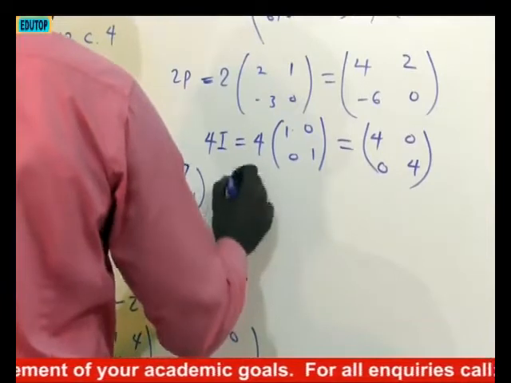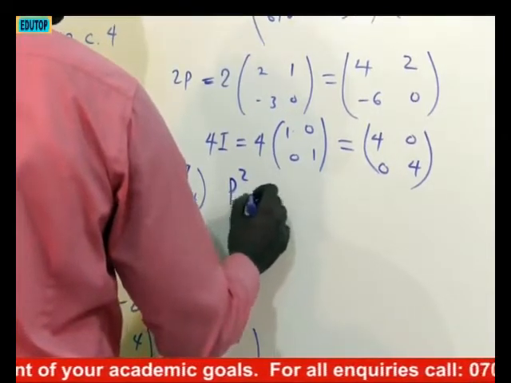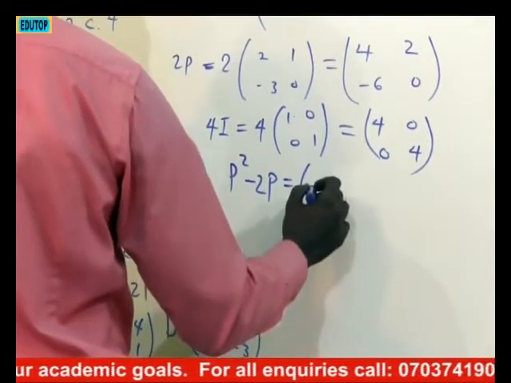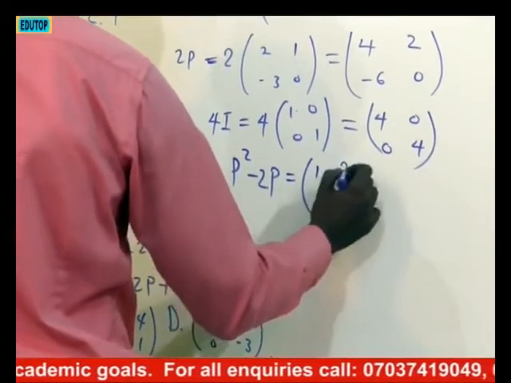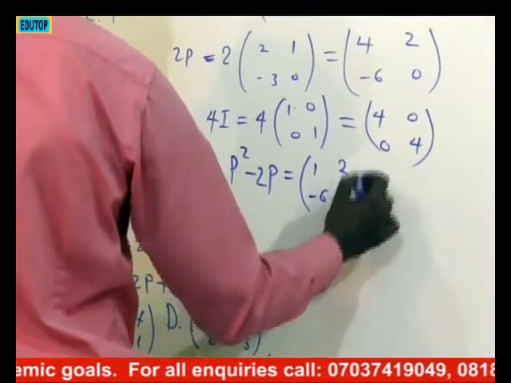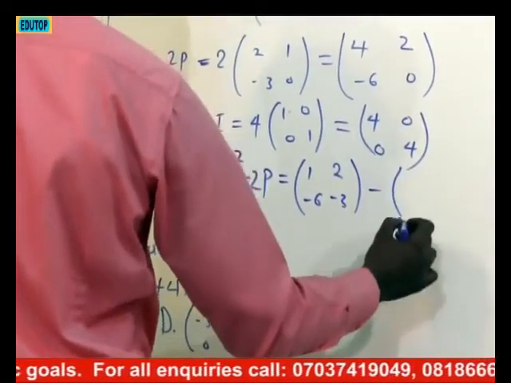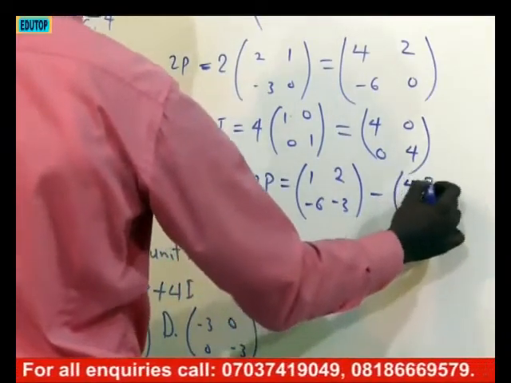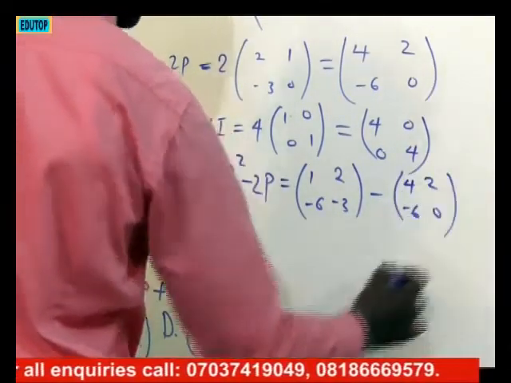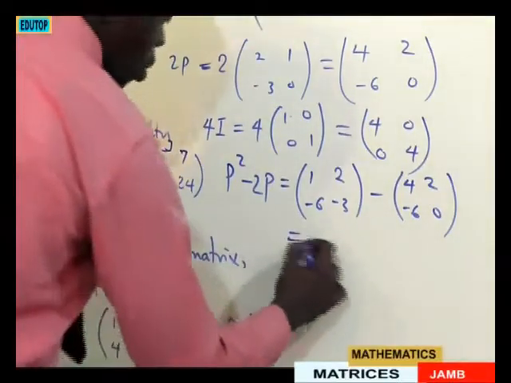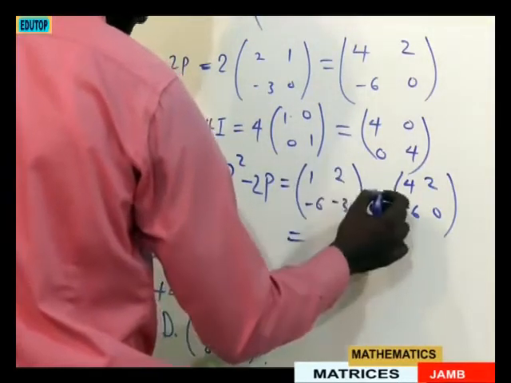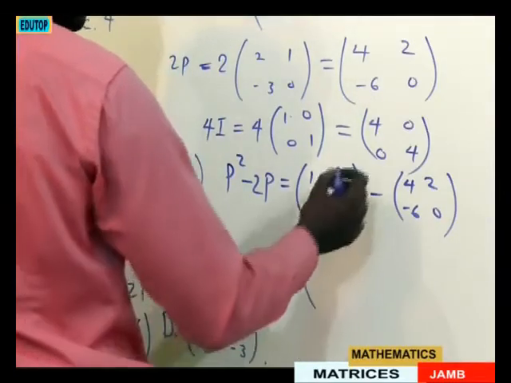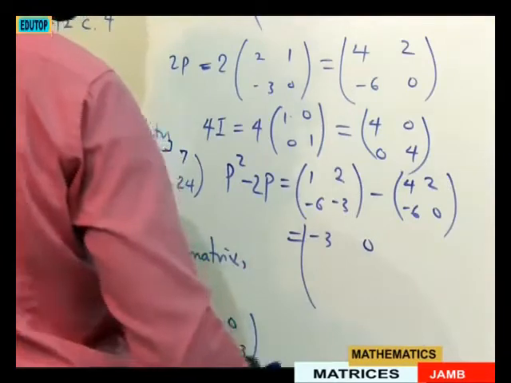So let me now resolve them one by one. Let me do P squared. I want to solve P squared minus 2P first. So what is my P squared? My P squared is 1, 2, minus 6, minus 3, minus 2P. Where's my 2P? My 2P is 4, 2, minus 6, 0. So this one will be 1 minus 4, that's minus 3. 2 minus 2, 0.